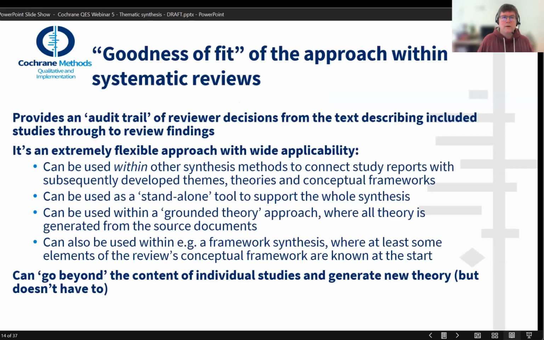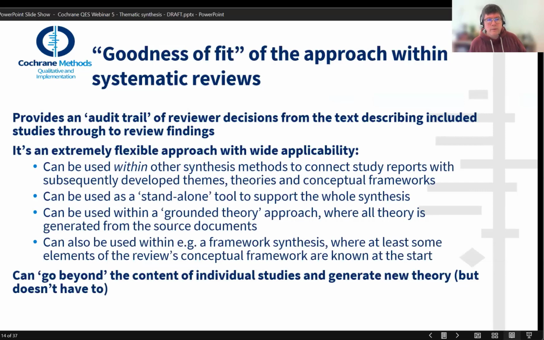Being developed within the context of a systematic review, we try to make it a good fit in terms of its alignment with the principles of systematic reviewing. So it provides this audit trail of reviewer decisions from the text in the paper through to the findings and the conclusions of the review. But it's quite flexible.